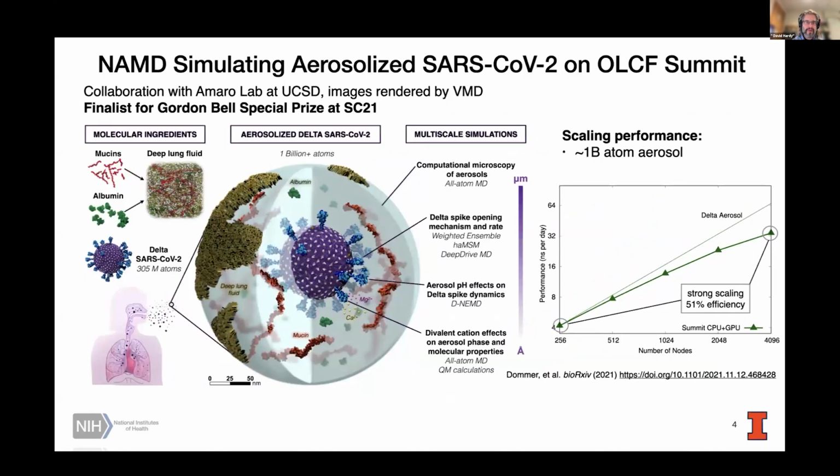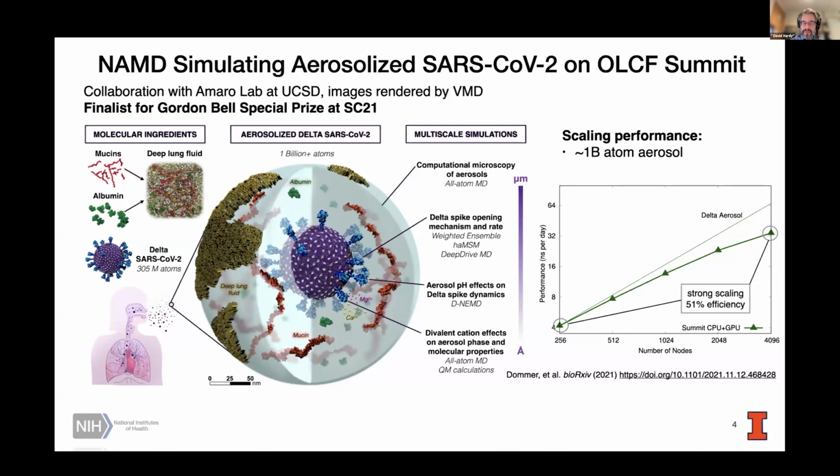And then we turned around the next year and extended this from a 300 million atom simulation to a 1 billion atom simulation that we put together with the delta variant of SARS-CoV-2 contained in an aerosol droplet.